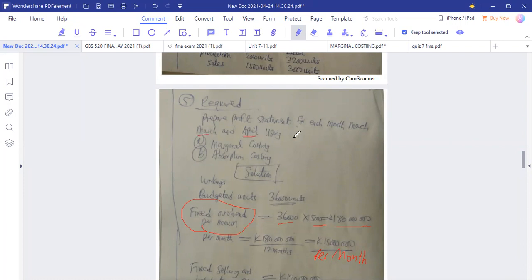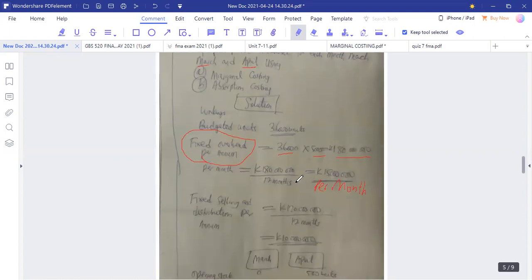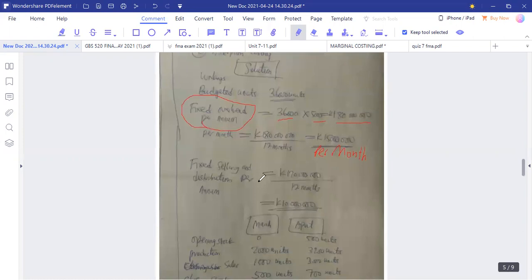That's why we are not accounting for the entire amount. We are only trying to find the fixed cost per month because you are producing per month. So here you're trying to prepare the statements per month. So now we can go finish the workings.